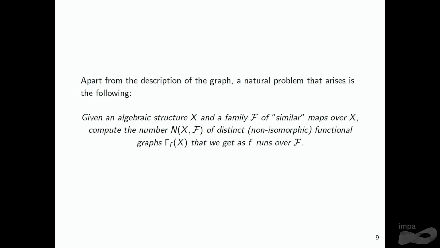We start with a family of functions, and then we draw the graphs, and then we can ask how many distinct graphs can we get as we run this function over this family? And by distinct here, I just mean non-isomorphic. So I'm just looking at the picture, not as a graph. The graphs can be distinct, but the picture will just look the same.